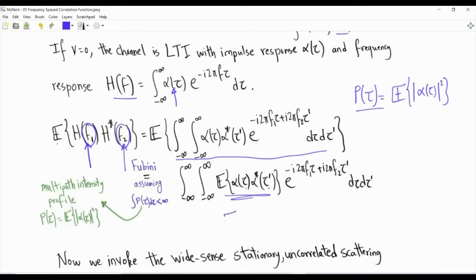So the assumption is that the expectation of alpha of tau times the conjugate of alpha of tau prime will be a delta.